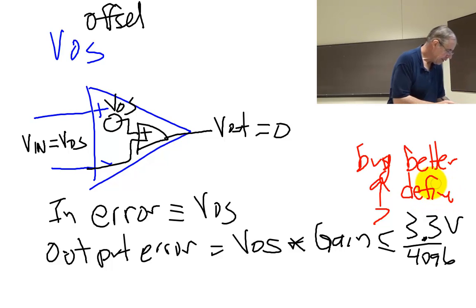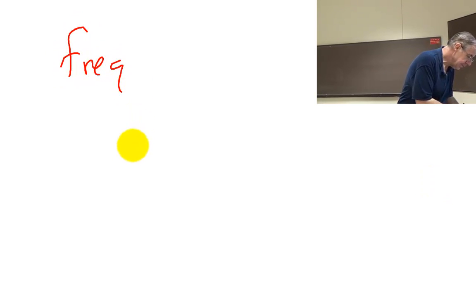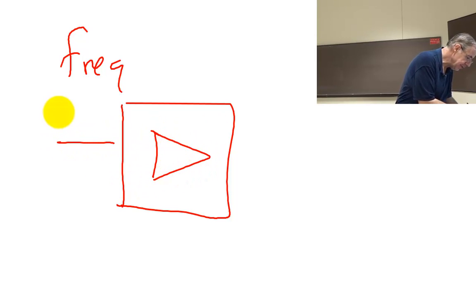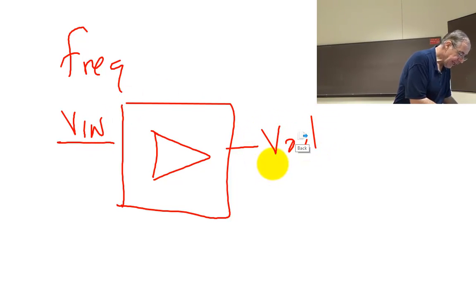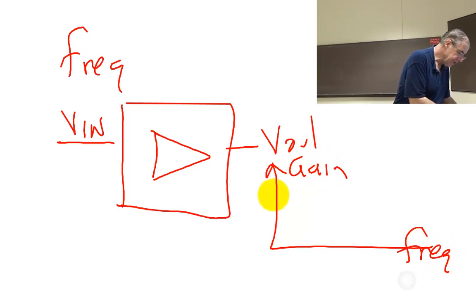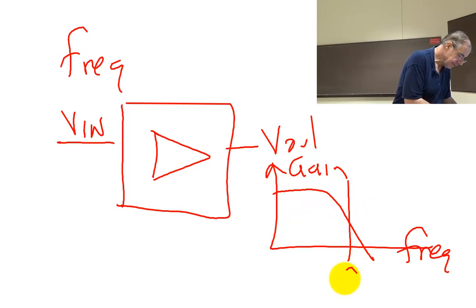All right. We talked about frequency response. So now we're going to have a system with an op amp in it. And the gain versus frequency of this system typically looks like this.